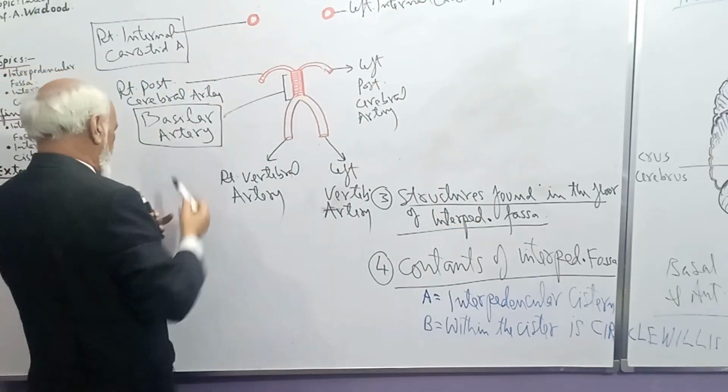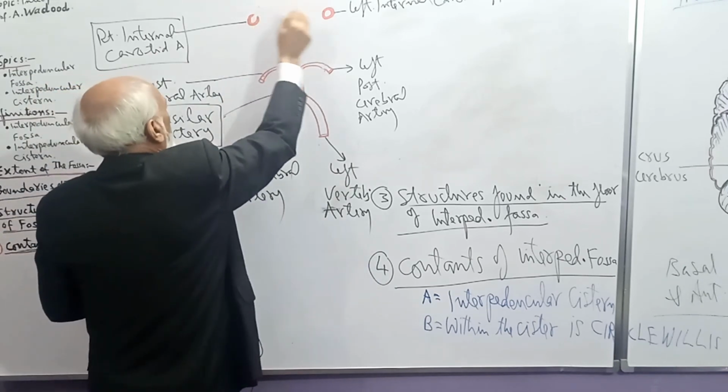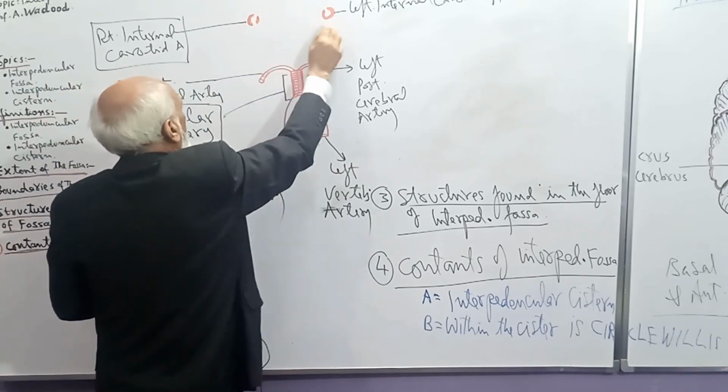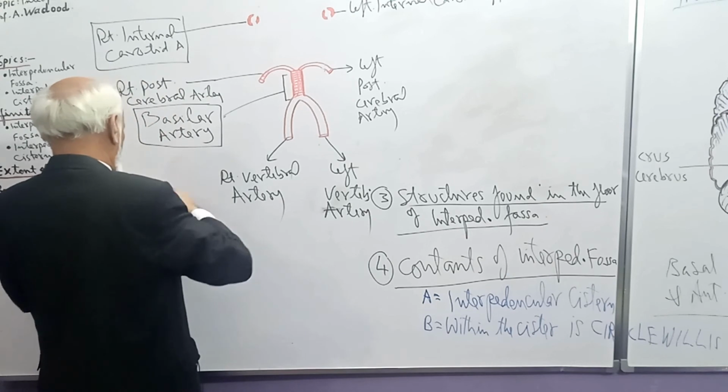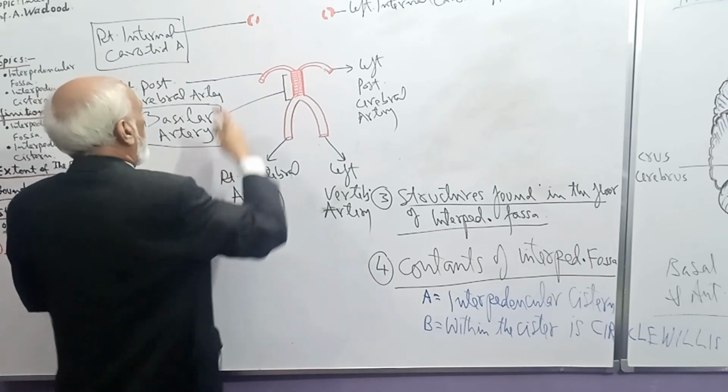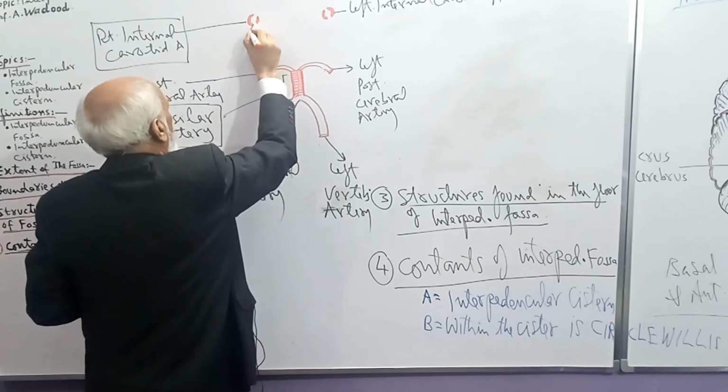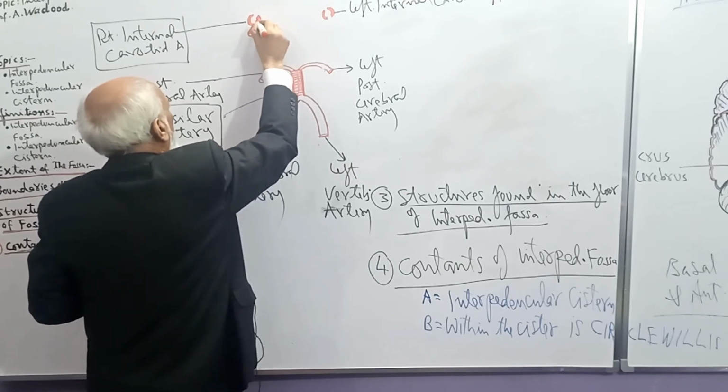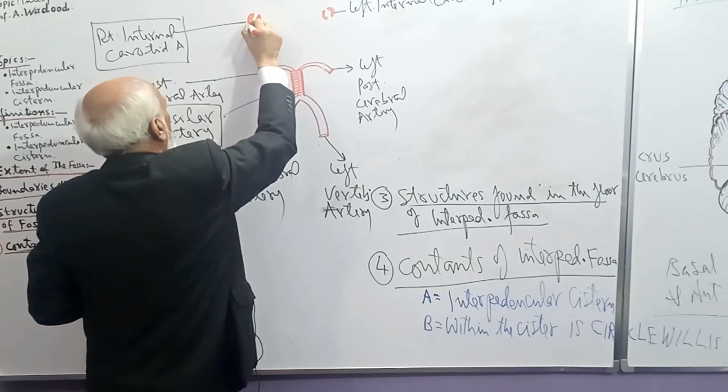Now the internal carotid artery divides into two branches. That is the middle cerebral artery. This is the wall of the internal carotid artery.